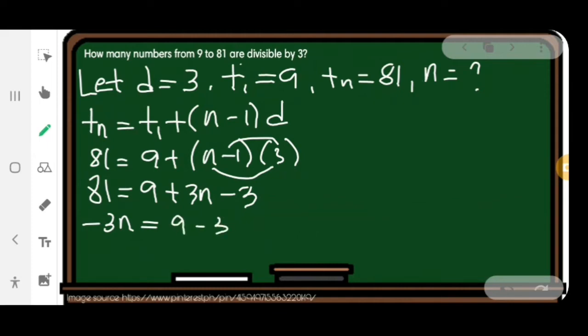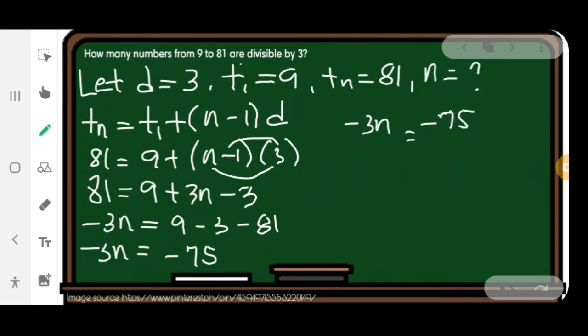So positive 81 here will become negative 81. Then we have negative 3n equals 9 minus 3 minus 81 is equal to negative 75. So negative 3n is equal to negative 75.